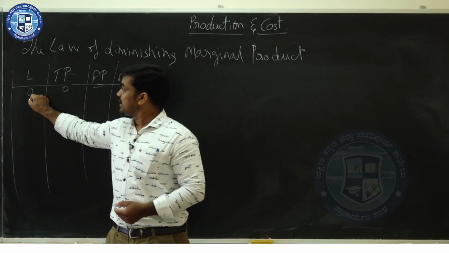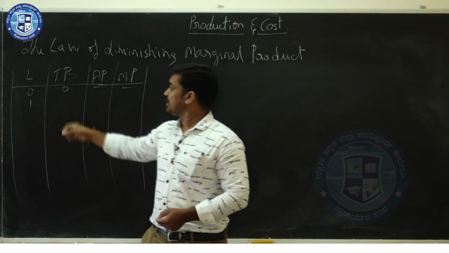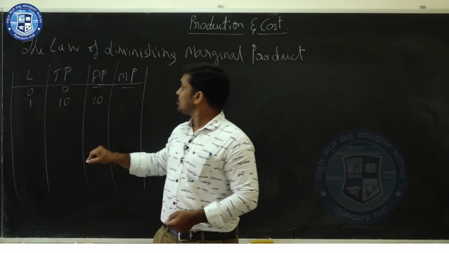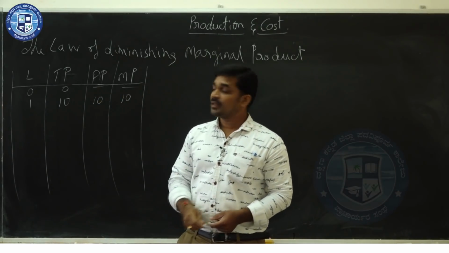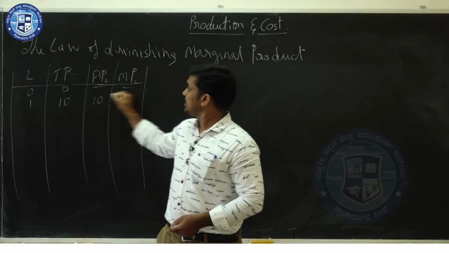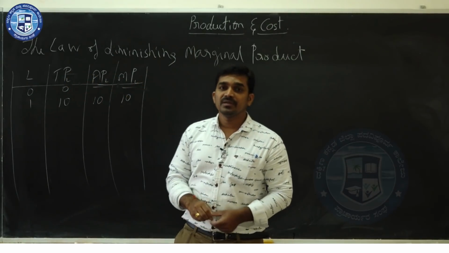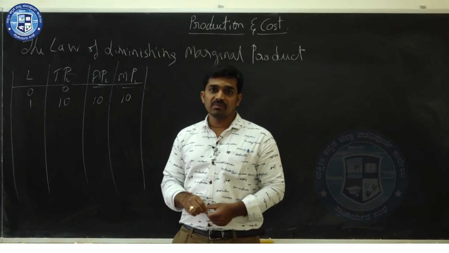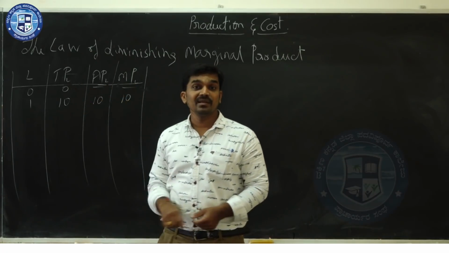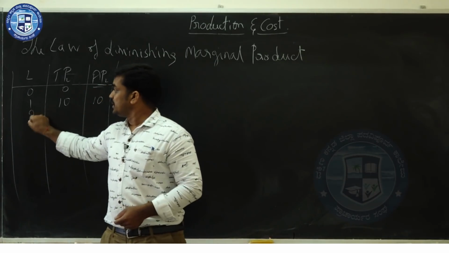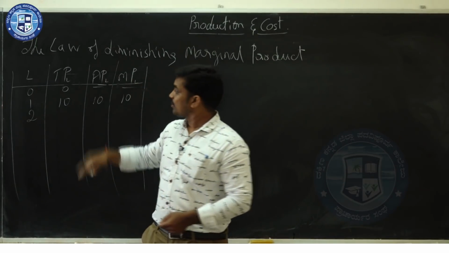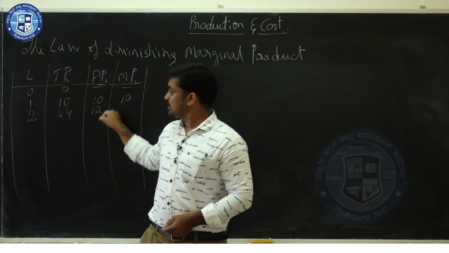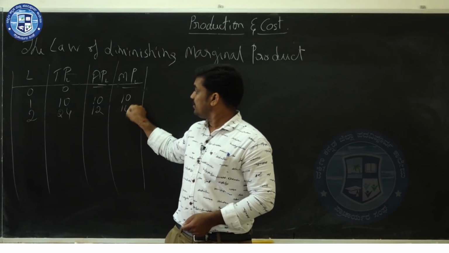If labor increases 1 unit, now we write the total product is 10, average product is also 10 and marginal product also 10. We write here L because total product of variable factor, average product of variable factor and marginal product of variable factor, but in our case the variable factor is labor. Next, 2 units of labor, total product increases to 24, average product is 12 and marginal product is 14.